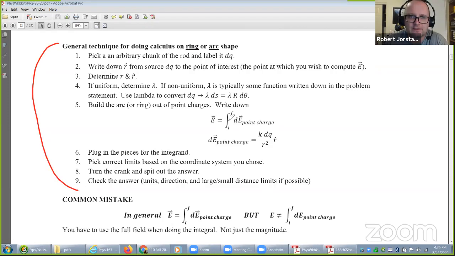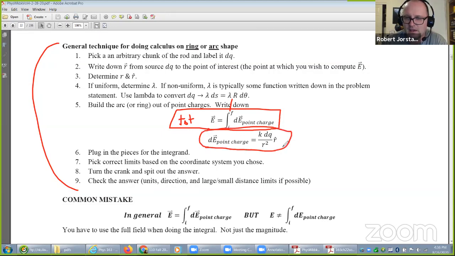We're trying to figure out doing calculus on a ring or arc shape, continuous distributions of charge. And remember, what are we really doing? All we're doing is we're saying the total electric field is the sum. Remember, an integral is like the sum of all these little point charges.